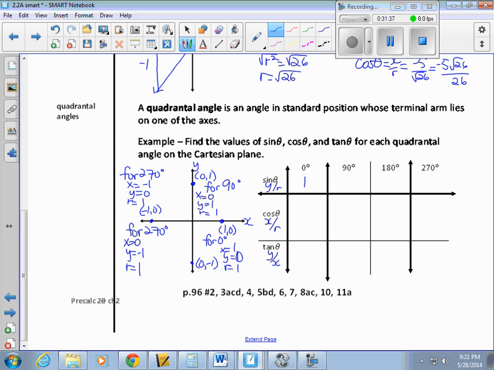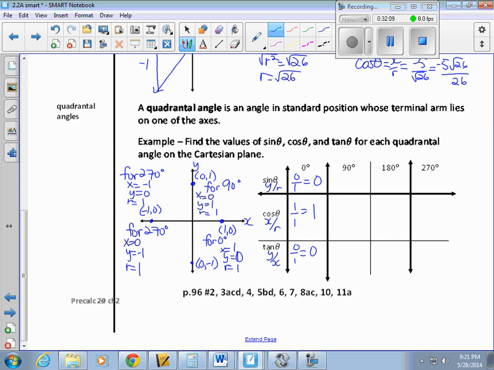Let me do that again. So for 0 degrees, y is equal to 0, r is equal to 1, so sine is just 0. Cos is equal to x over r, so that's just 1 over 1, so it equals 1. Tangent of 0 degrees is y over x, so that's 0 over 1, so that equals 0 as well.